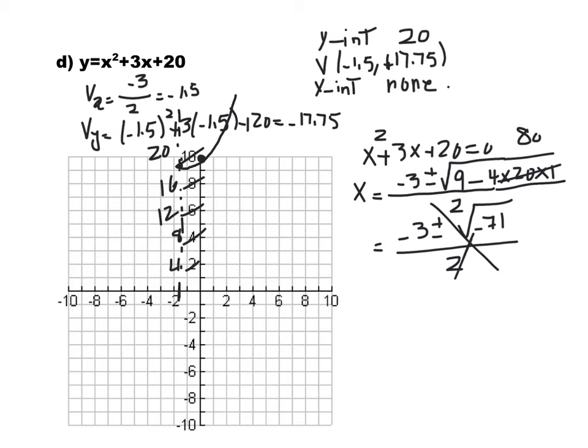Then the y-coordinate of that point has to be exactly the same as the y-coordinate of the y-intercept, which is 20. So this means that the next point is going to be somewhere around here. So this is going to be my curve. It's a little bit hard to see, but this is the way we plot it. You always plot the y-intercept, the x-intercept, and the vertex, and then to find the other point, you use the property of the axis of symmetry to find the fourth point.